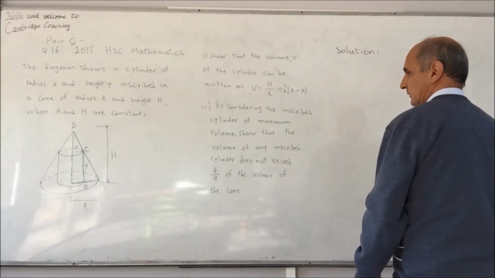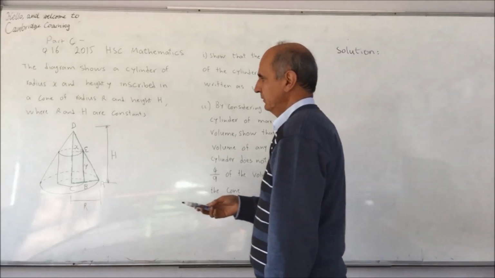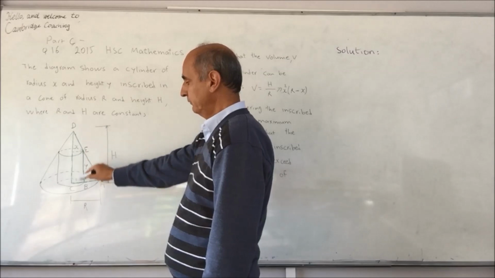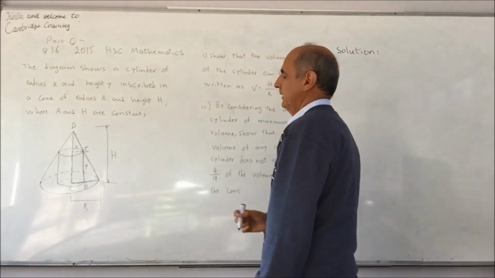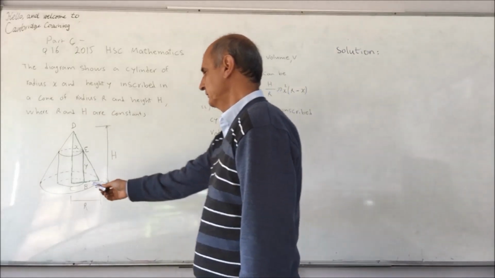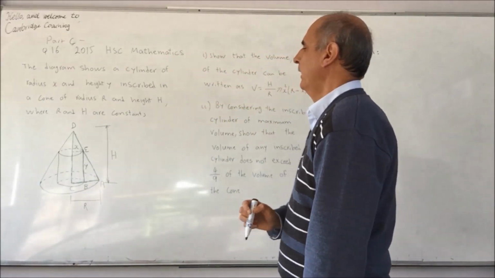Okay, so the two triangles are similar because DC and EB are both vertical lines, and you know that this is 90, this is 90, they share this angle.